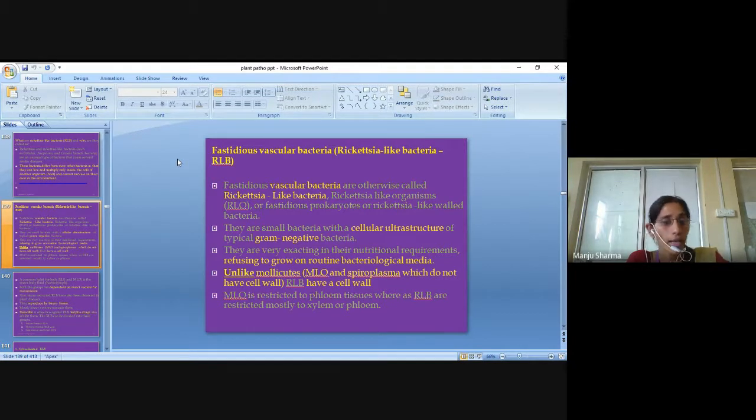Unlike mycoplasma-like organisms, MLO, and spiroplasma, which do not have a cell wall, RLB have a cell wall. MLO is restricted to phloem tissues, whereas RLB are restricted mostly to xylem or phloem.